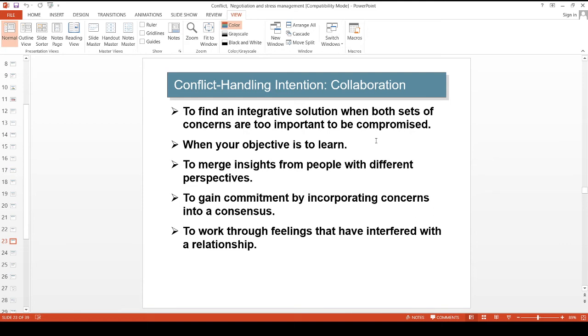Whenever you want commitment to a consensus between two different parties, you use the collaborating approach to work through feelings that have interfered with the relationship. In order to have good relationships between both parties, you avoid the win-loss situation and go towards the more collaborating approach, that is the win-win approach.